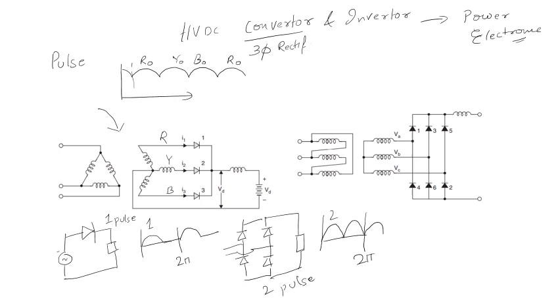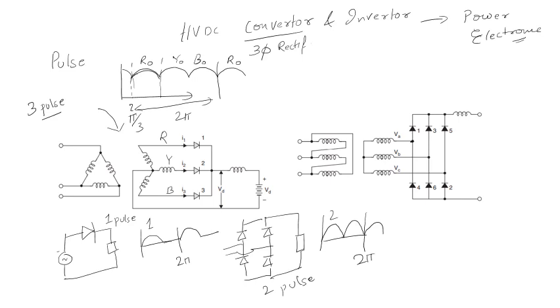It goes on. It conducts for some period. What is that period? That period was, I think, pi by 3, 60 degrees. After 60 degrees it was operating like that. So for a 2 pi cycle, if you see, you are getting 3 pulses. So this is called a 3 pulse converter, right? Here again, this is a 3 phase full bridge converter.